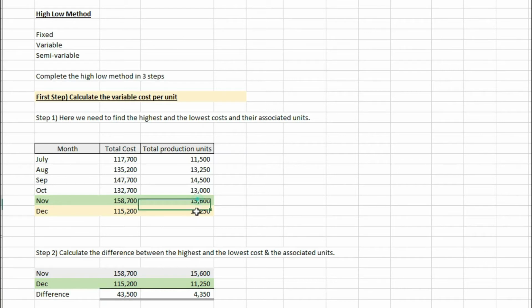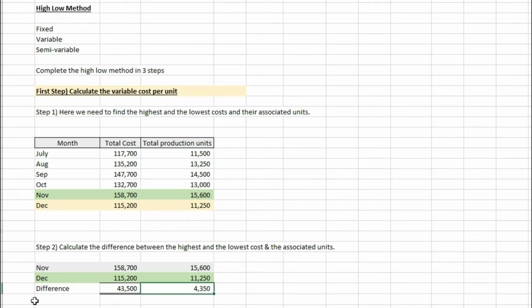Then we take the units: 15,600 and 11,250. Basically all of the highest minus all of the lowest. That gives us the difference of 43,500 for cost and 4,350 for the units.